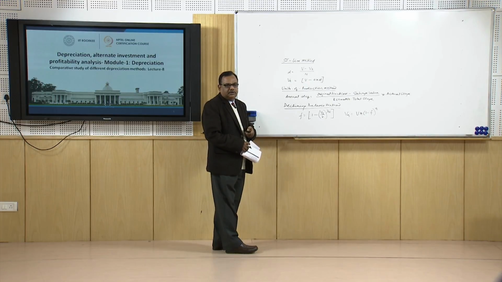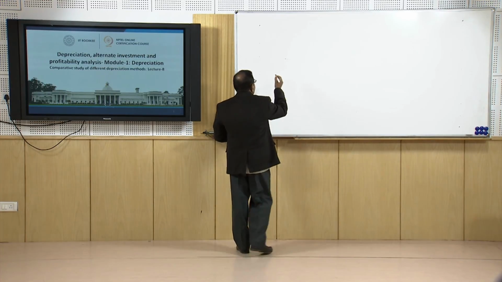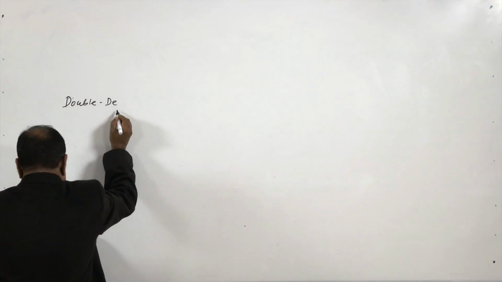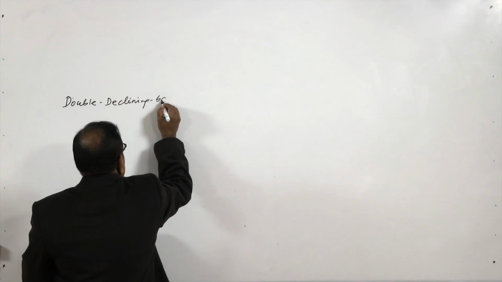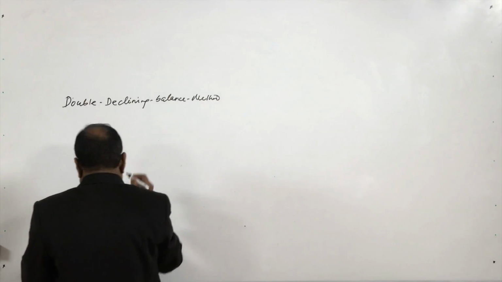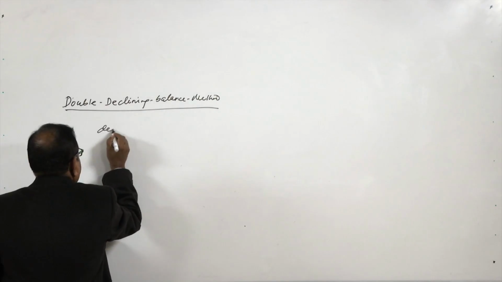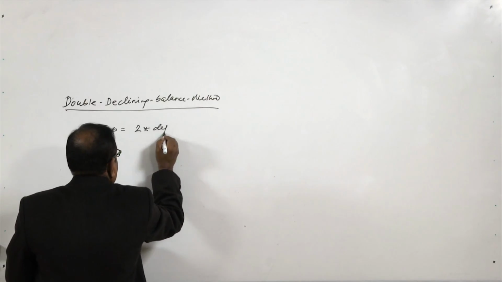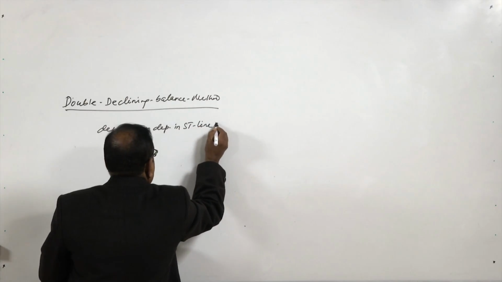Now, let us go for the second set of formulae. For the double declining balance method, the depreciation is 2 into the depreciation in the straight line method.